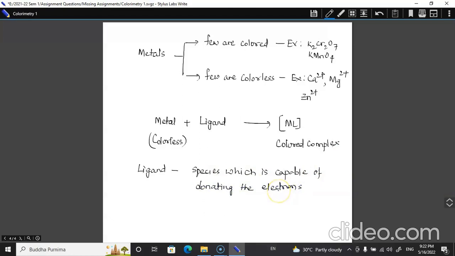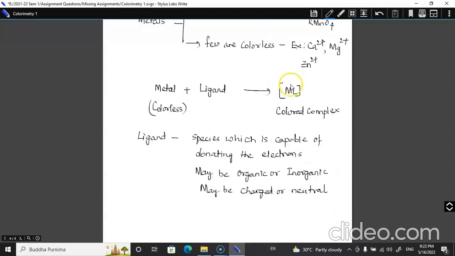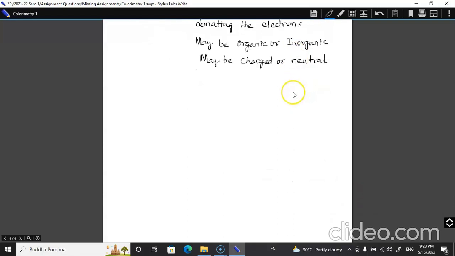If I look at the nature of the ligand, it may be organic or inorganic in nature, and it may be charged or neutral.